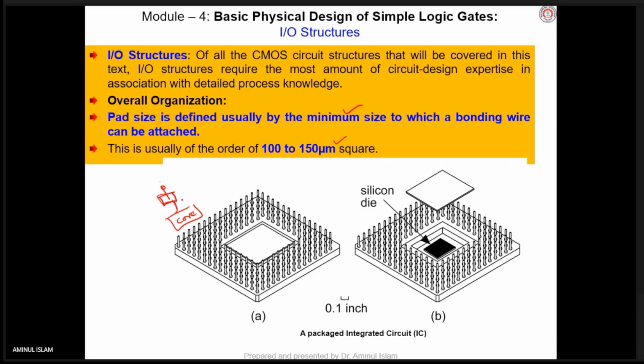So it is defined usually by the minimum size to which a bonding wire can be attached. It cannot be so thin or so small in area. This is usually of the order of 100 to 150 micrometer square.